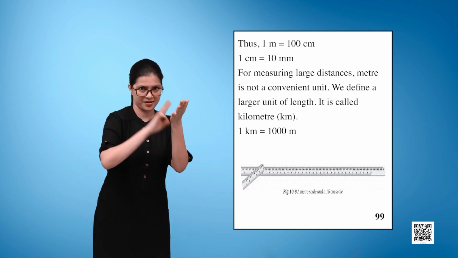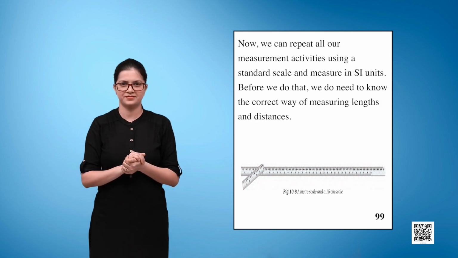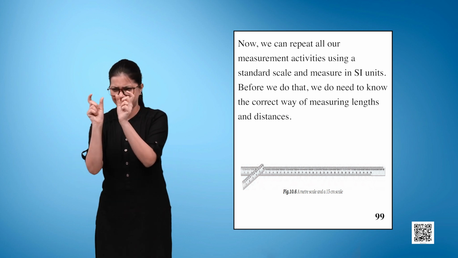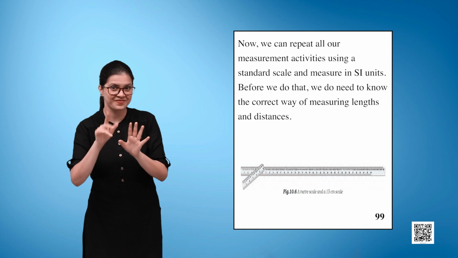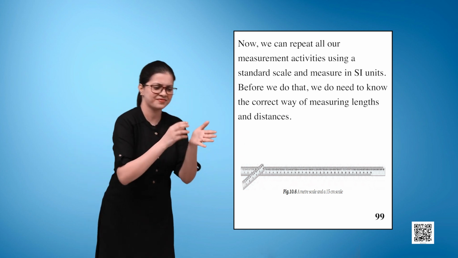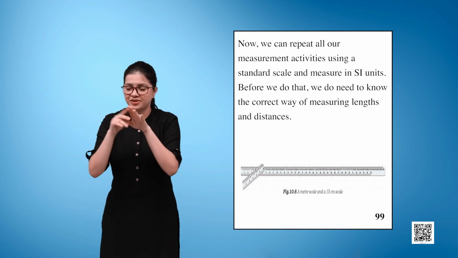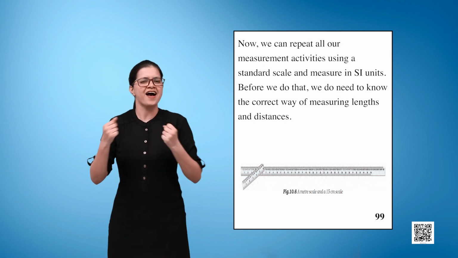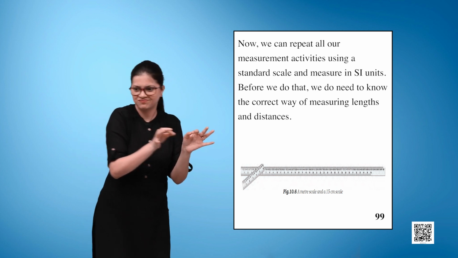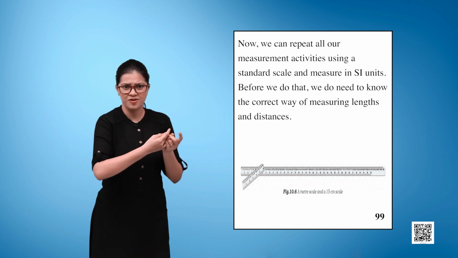One kilometer is equal to 1000 meter. Now we can repeat all our measurement activities using a standard scale and measure in SI units. Before we do that, we do need to know the correct way of measuring lengths and distances.